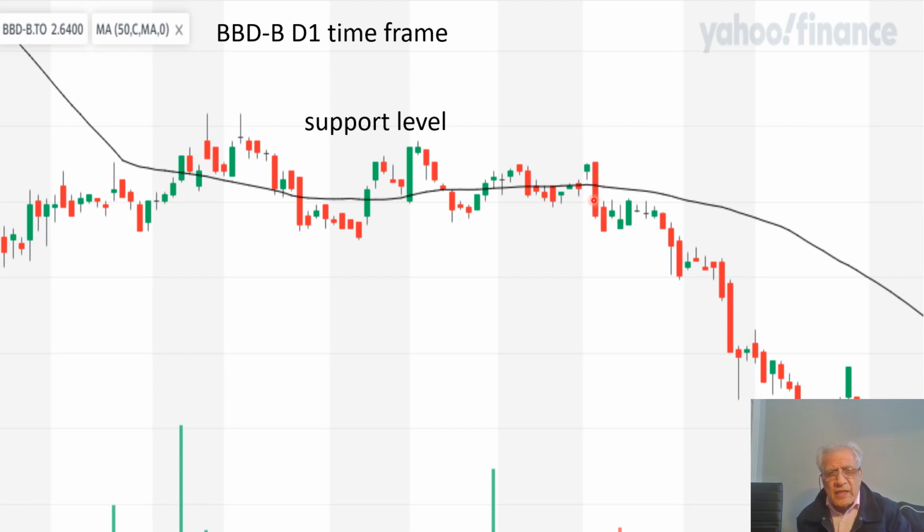I'm going to talk about it later, but you can use lots of known patterns and formations, candlestick formations, in order to enter or exit the trade and make money. And here the price broke the support and went downward. So this is a very good place to exit the market.